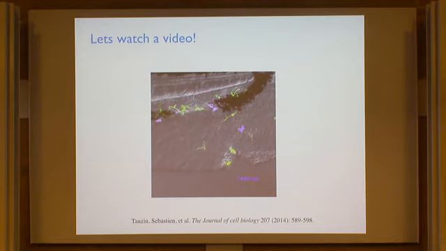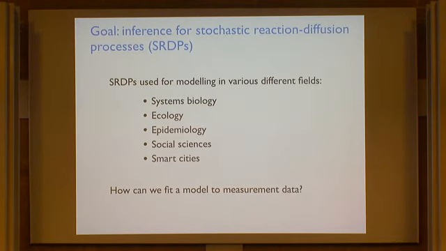And this is, of course, only one example, right? There are many examples where we can use such stochastic reaction-diffusion models to model certain problems. The one you are all probably familiar with is systems biology, so gene expression, for example, spatial effects in protein production, ecology, population dynamics, epidemiology, so for example, modeling the spreading of a disease in a population of interacting agents.